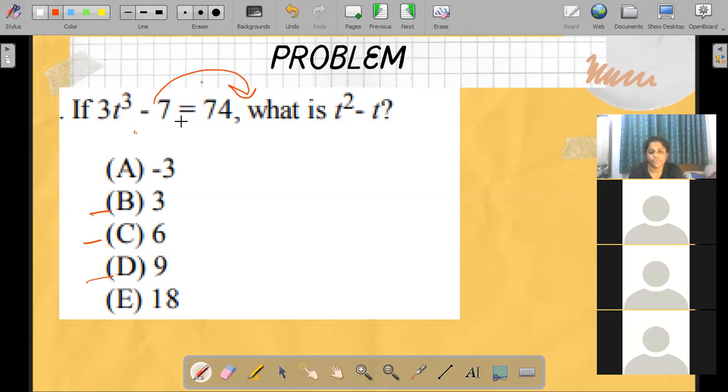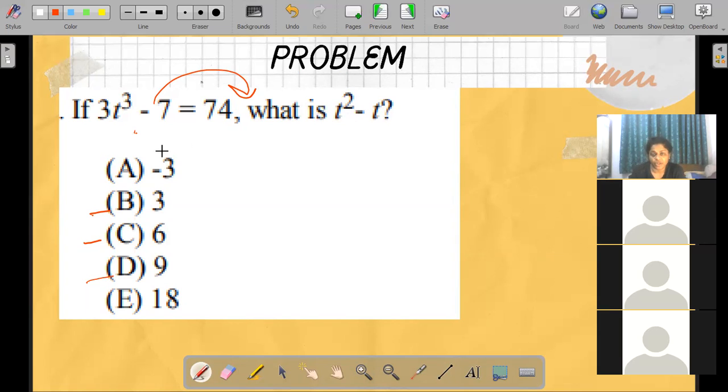If t cube is equal to 27, how much should t be? 3. So t is 3. So what will this be? 3 square minus 3. So that's 9 minus 3. 6. So what was the issue here?